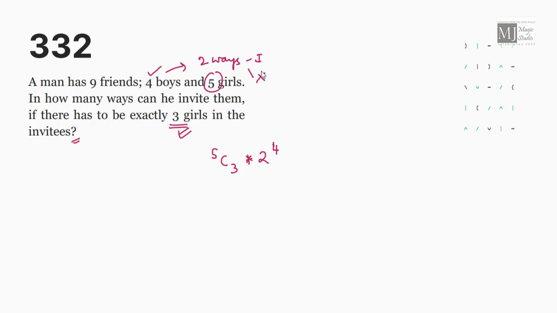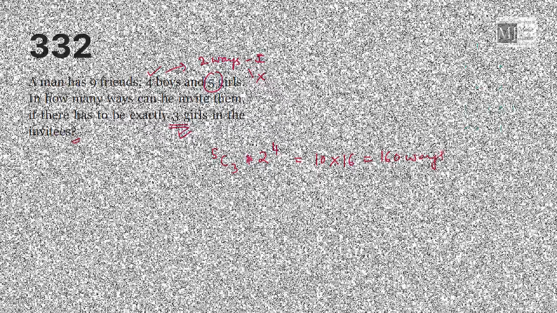So 4 boys can be invited in 2 into 2 into 2 into 2, that is 2 to the power 4 ways. That is 5C3 is 10, 2 to the power 4 is 16. In 160 ways he can invite his friends.